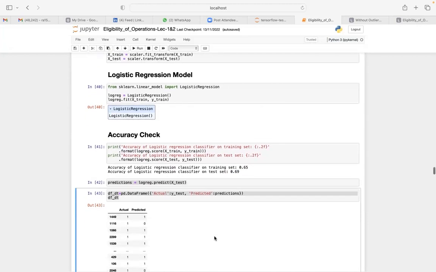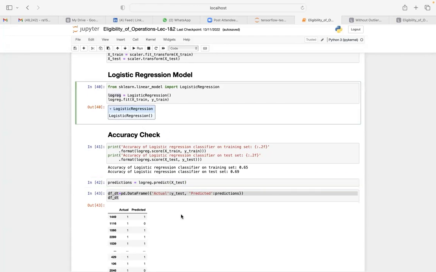Now, to discuss other things: last time we didn't see how we can get the prediction. It's a very simple method. You take the object in which you have stored the model, the object in which you have fed the data to the model, and then do the prediction.